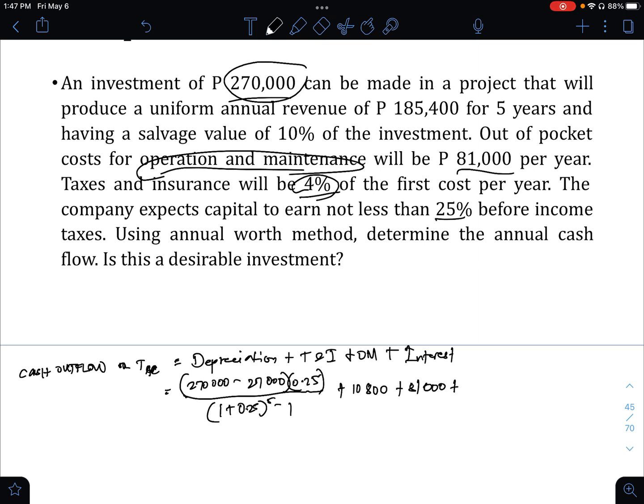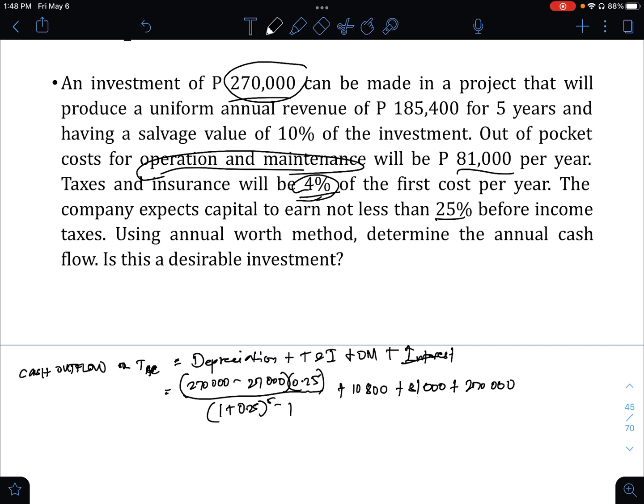Interest pala natin is 270,000. Yung 0.04 pala sa tax and insurance pala siya. So yung interest po natin is 0.25 times 270,000. Kasi interest on the original investment, kasali po siya sa cost. Okay?